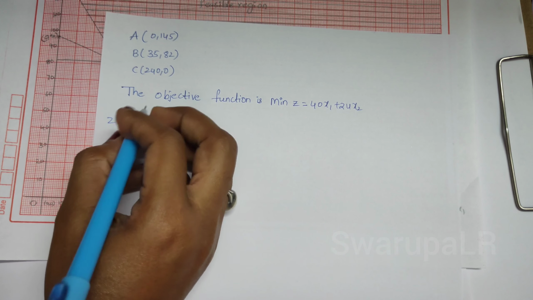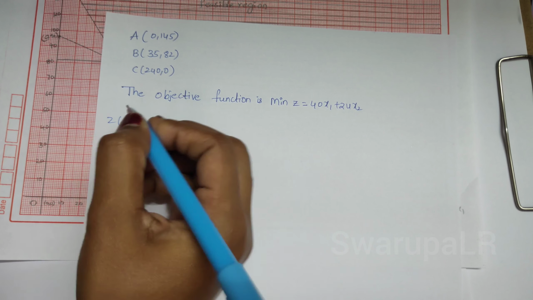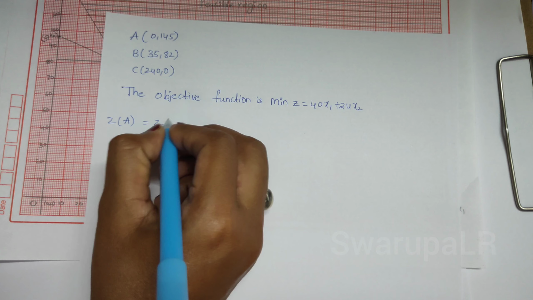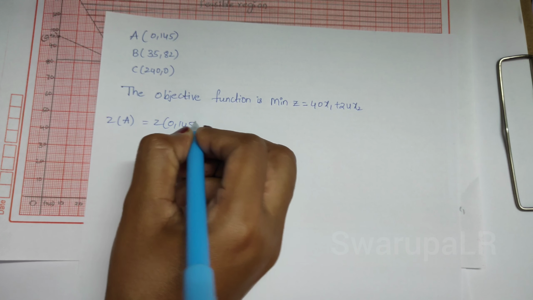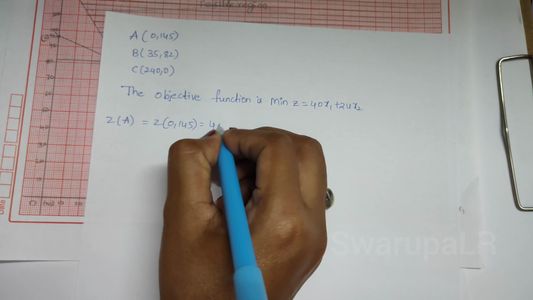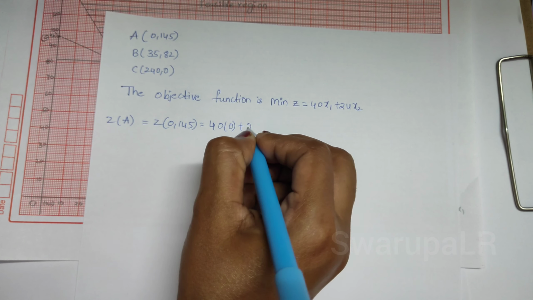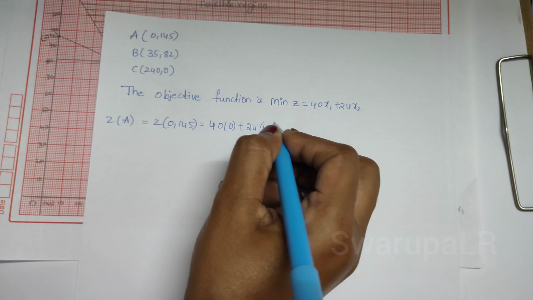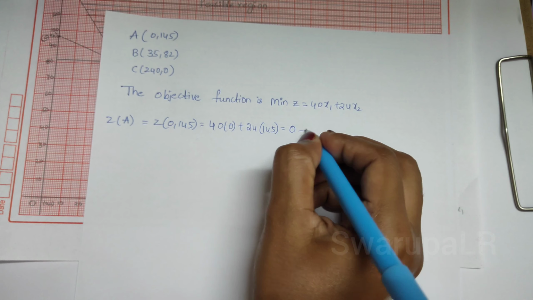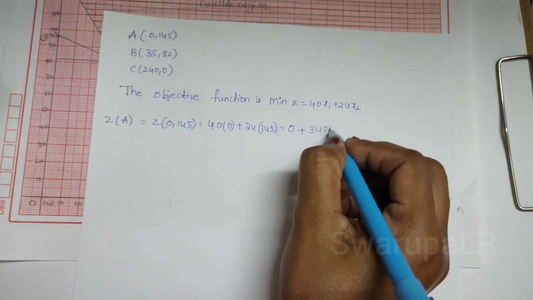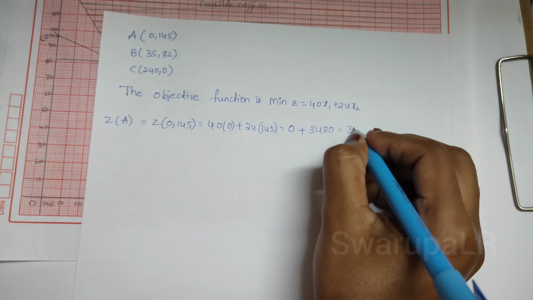Z of A equals z of 0, 145 is equal to 40 into 0 plus 24 into 145. 0 plus 3480, 3480.